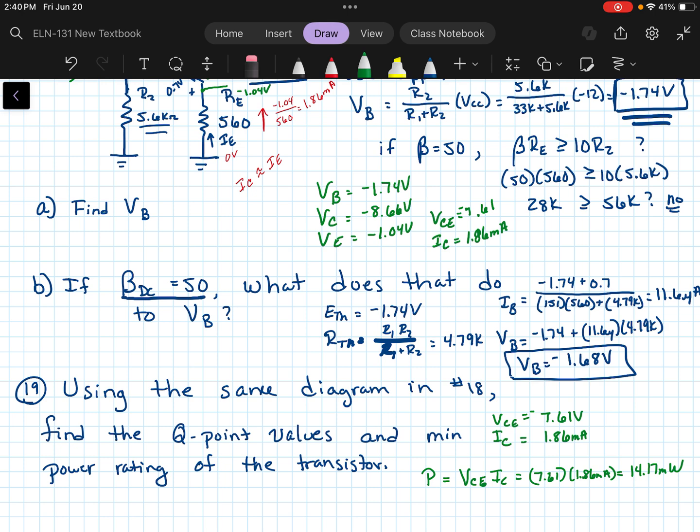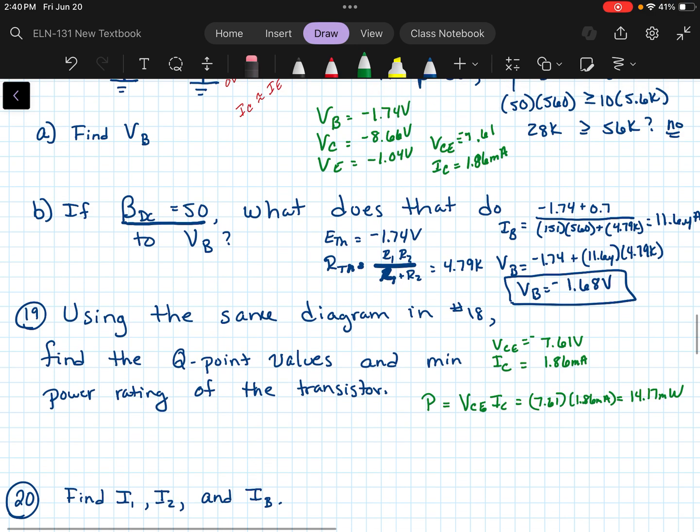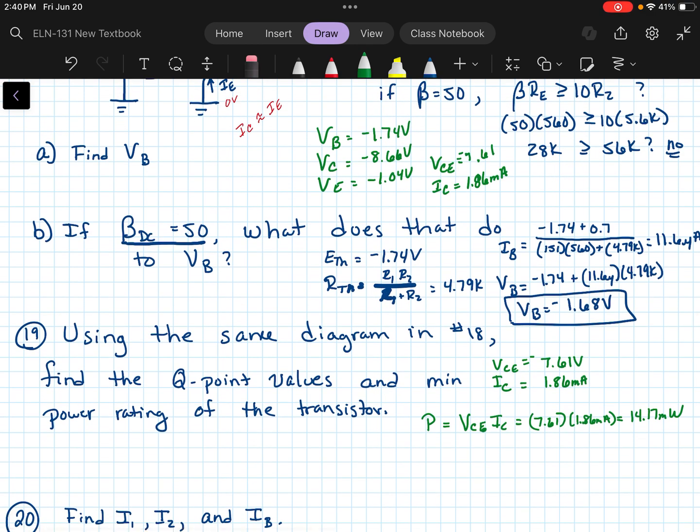Let me see, 1.86 milliamps times 7.61. Yeah, about 14.1 milliwatts. And then for 20, I1, I2, and IB. So IB we already found.